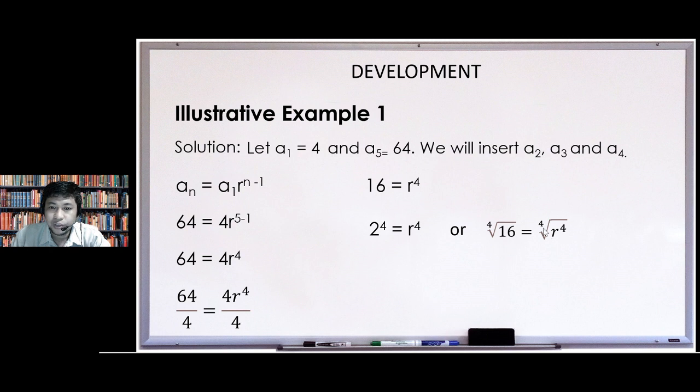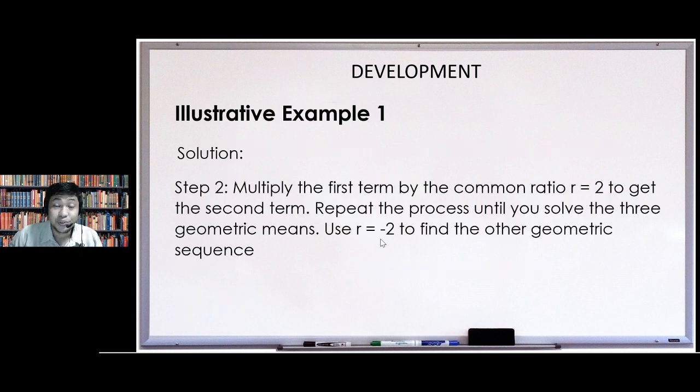The 4th root of r raised to 4 is equal to r, and the 4th root of 16 is positive or negative 2. Meaning, our common ratio is positive or negative 2. So let us proceed to the second step of our solution.